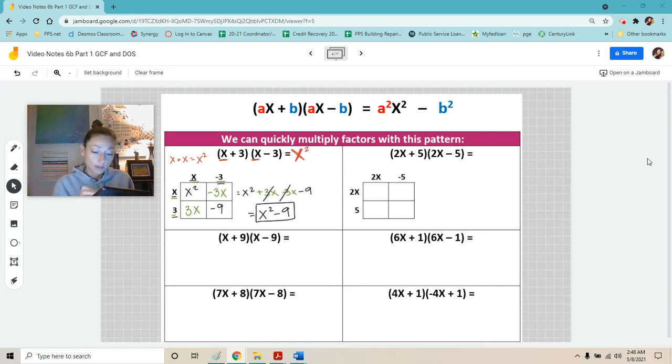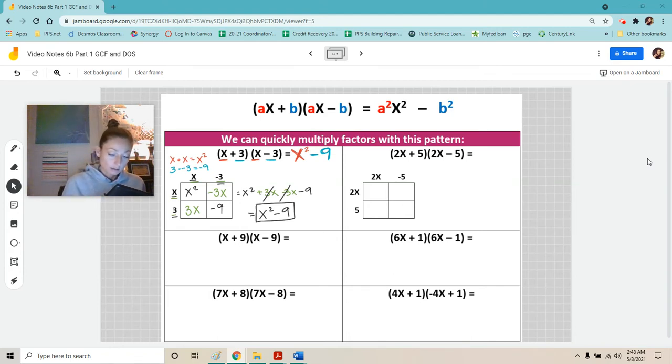Then 3 times negative 3 is negative 9, so that makes a negative 9. This is a nice little pattern that works out, but only when the two factors are like this, where it's a plus and a minus, but everything else is the same in terms of numbers. This doesn't work in situations where the numbers are different in each factor.